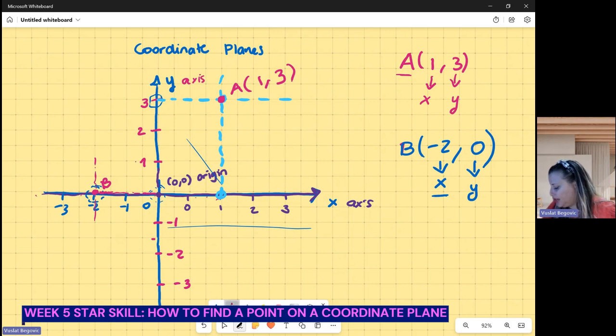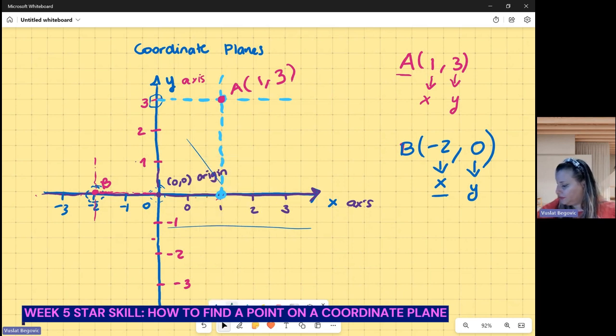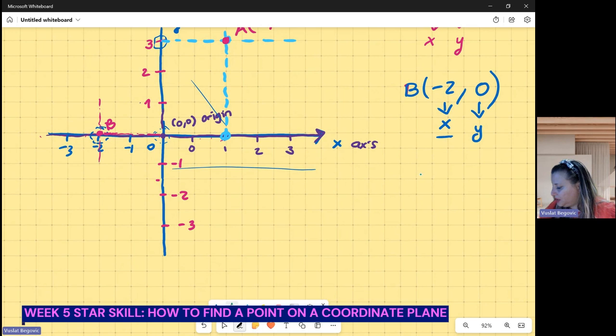Let's talk about another coordinate, C. This one will be, again, 2, positive, and -3.